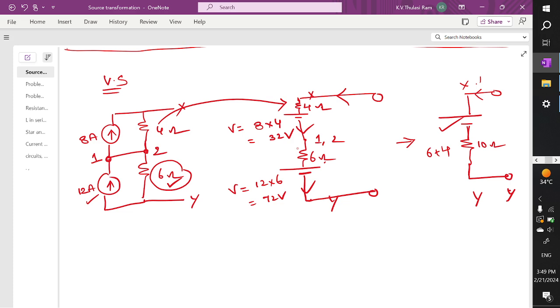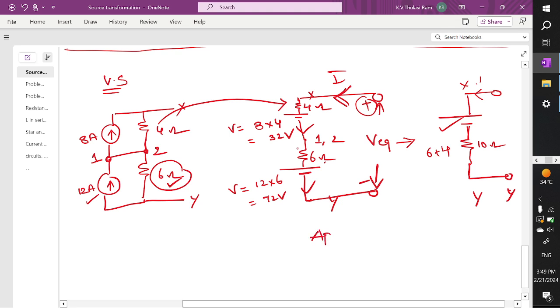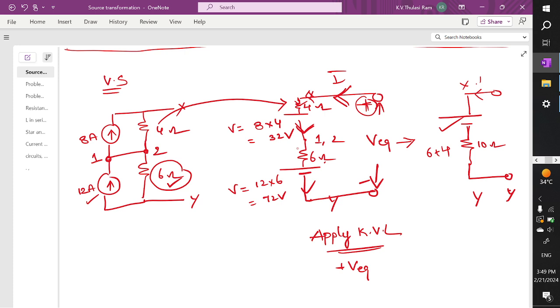To find the voltage, let's apply KVL. This is V equivalent that we require, with positive and negative polarity. Apply KVL inside the loop. The current is leaving; what is the leaving polarity of the voltage? Plus V equivalent. Then it is entering the 4 ohm and leaving here; the leaving polarity is minus 32 volts.